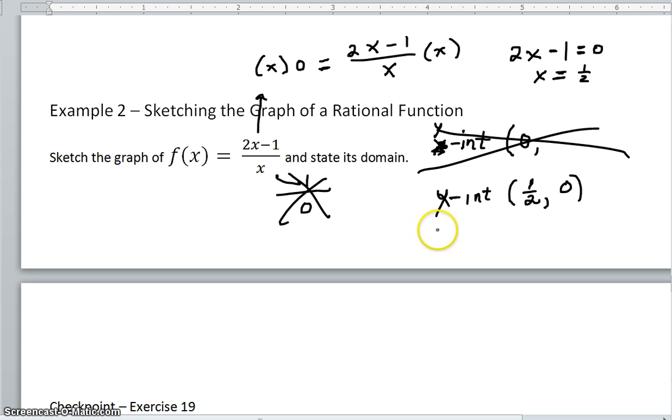Now we have to talk about asymptotes. Vertical happens to be where the denominator is 0, and that's just where x is equal to 0, because that only happens where the denominator is equal to 0. For horizontal, we have to look at the degrees of the two, and if you notice, both of them are degree 1.